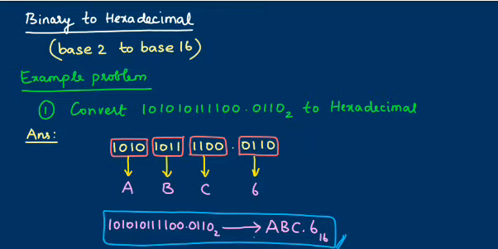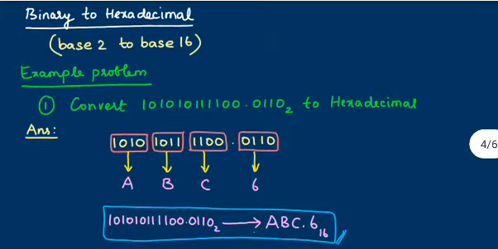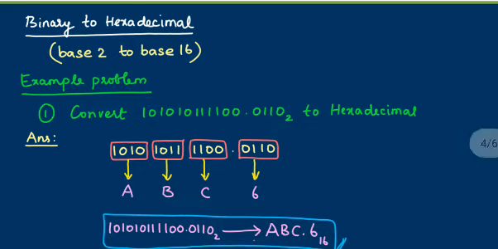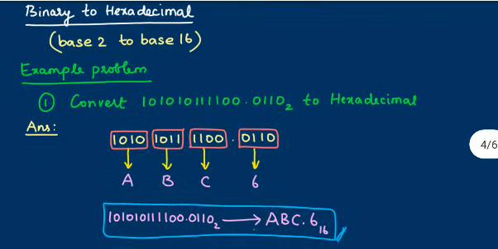Now what we are doing here, please listen here. 4 digits I make it as one group. See, previously binary to octal 3 digits we make it as one group, whereas here 4 digits I am going to make it as one group.